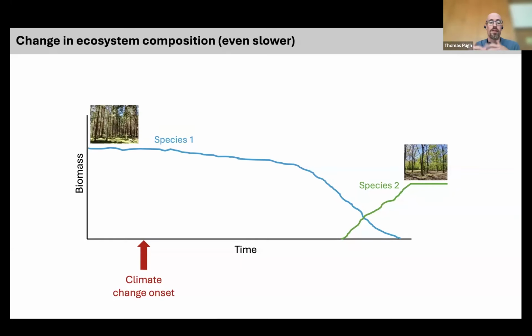And so we have this establishment failure. We don't have replacement of these trees as they die, but they hang out doing their thing until they reach the end of their natural lifespan. And that delays this new species coming through. So we have a whole range of different ways that the ecosystem might respond to changes in these mortality rates.